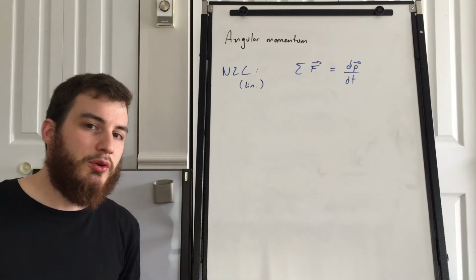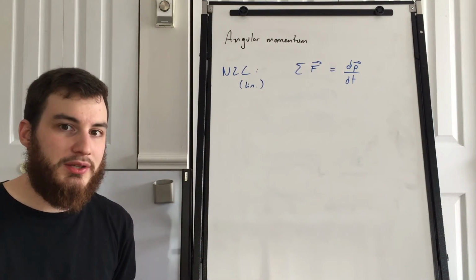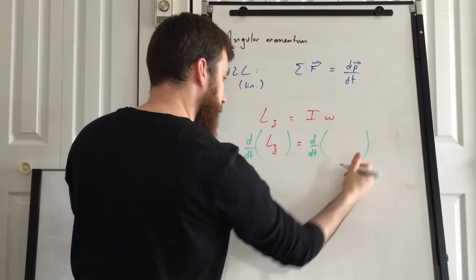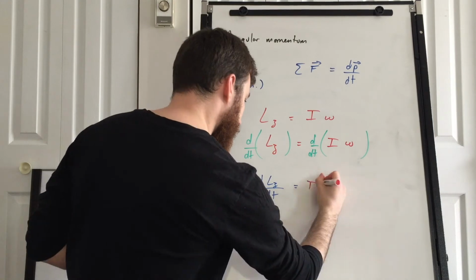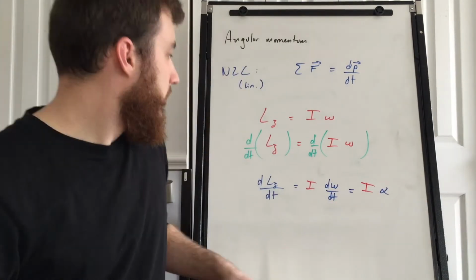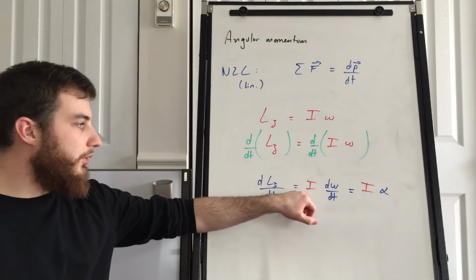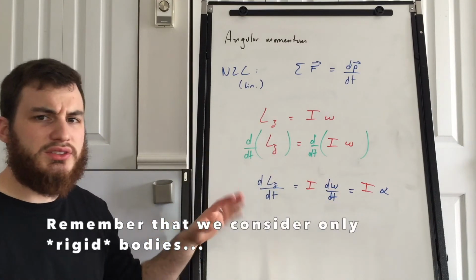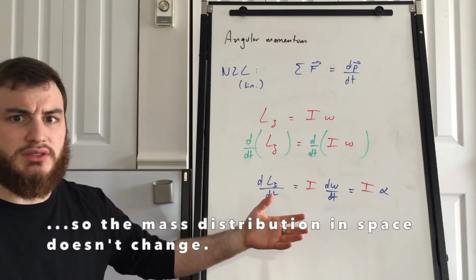If we do something similar with the angular momentum, this is what we get. We get dLz/dt is equal to I dω/dt. The moment of inertia, much like the mass, is constant, so when we differentiate a constant, it gives us 1.